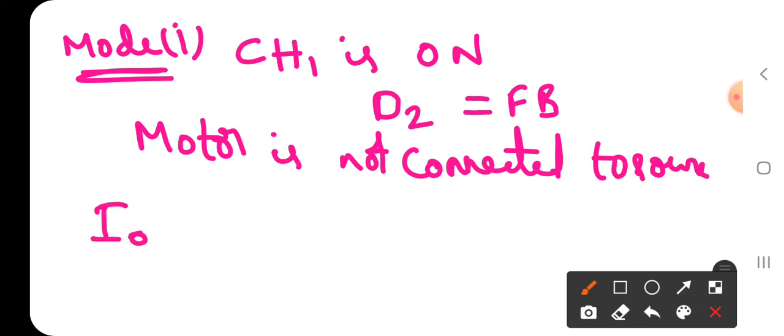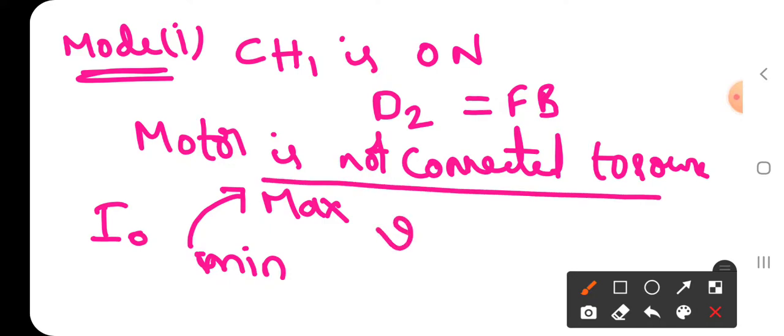I naught will increase from minimum to maximum. And what about the output voltage? The motor is not connected to the source, therefore VA is equal to 0.